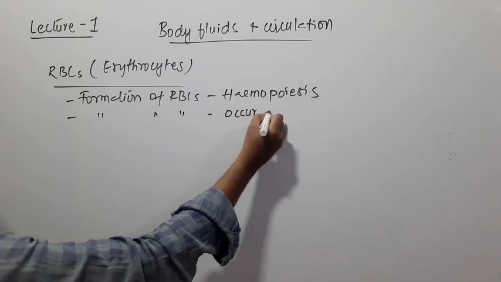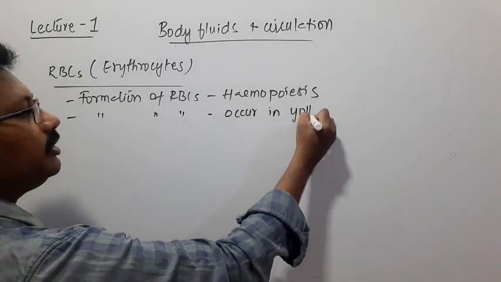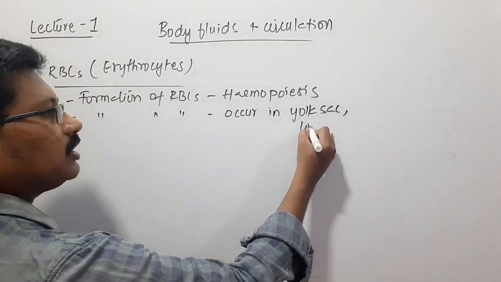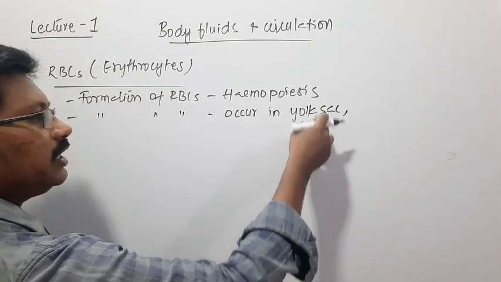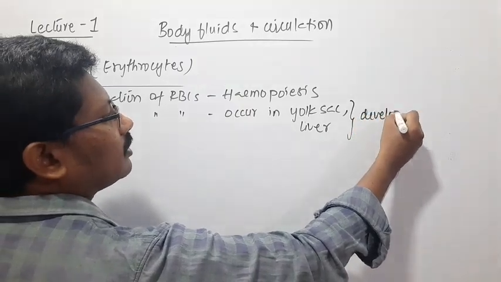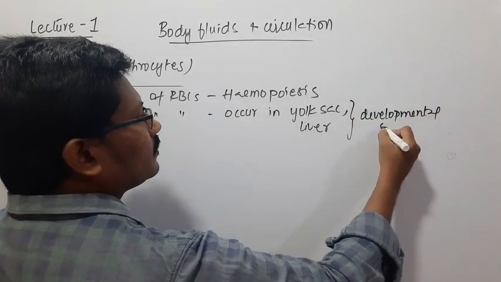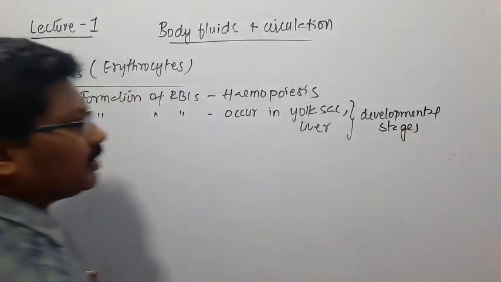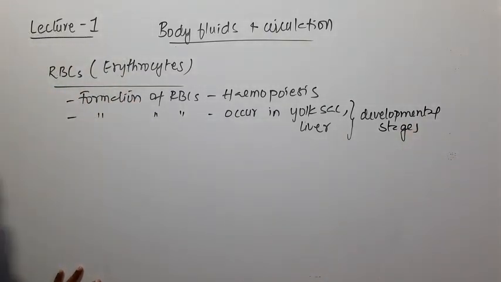and the formation of RBCs occurs in the yolk sac. So in the order I am giving you, yolk sac and liver. You will see this during the developmental stages, during the development of the embryo, then fetus.